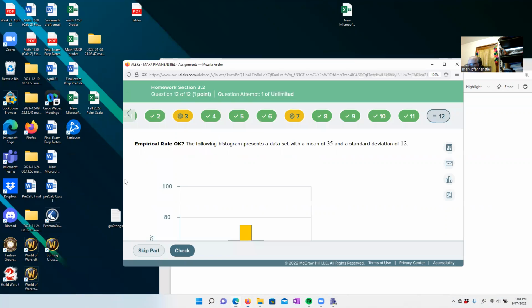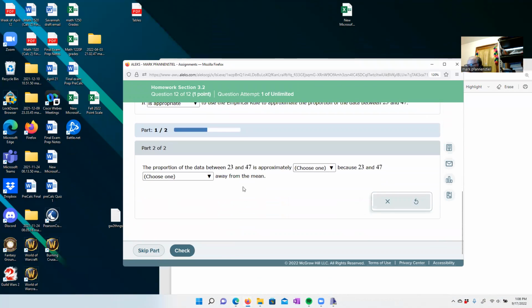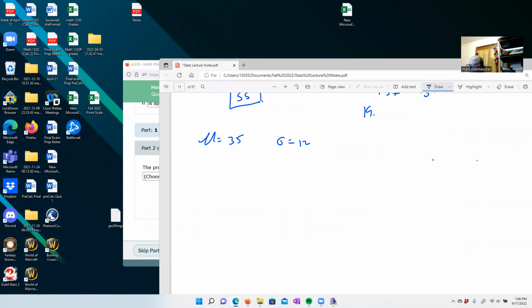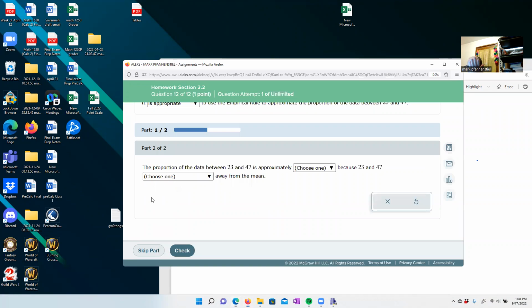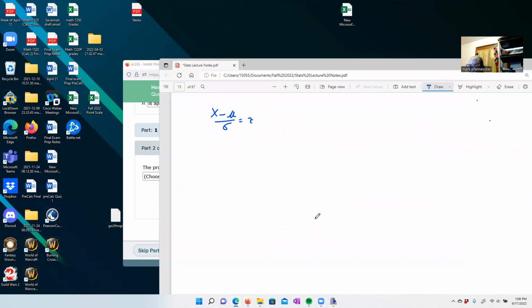They wanted 23 and 47. So we're going to say x minus mu divided by sigma. That's our z-score. They want to know what percentage of the data is within 23 and 47.